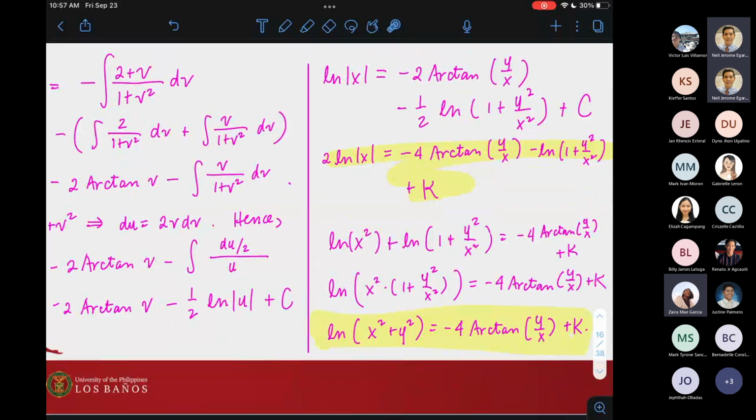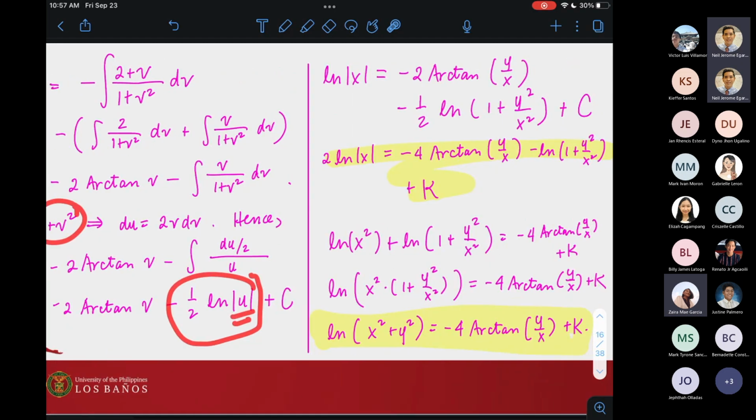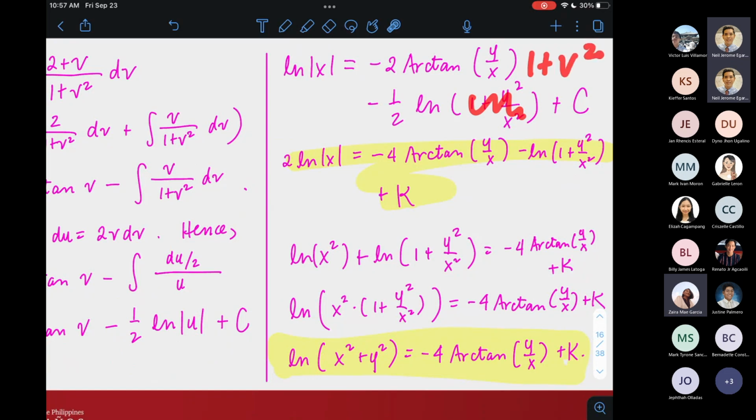Alright? So after integrating this, nagkaroon ako ng negative 1/2 ln u. Pero remember, si u ay 1 plus v squared. So this was ln u. Pero si u ay 1 plus v squared. So this was 1 plus v squared.